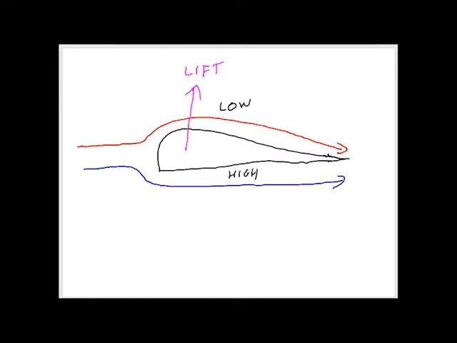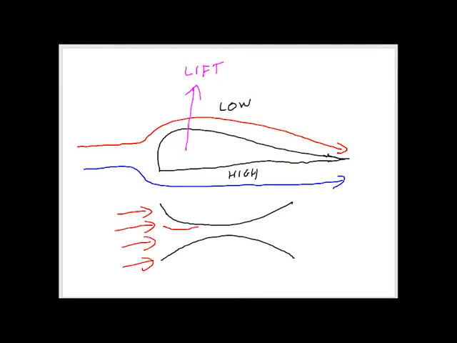We use this effect in lots of machines. We make a thing called a venturi. If you make a venturi piece of pipe and you blow fluid through it, as the fluid speeds up to get through the narrower piece of pipe, the pressure drops.